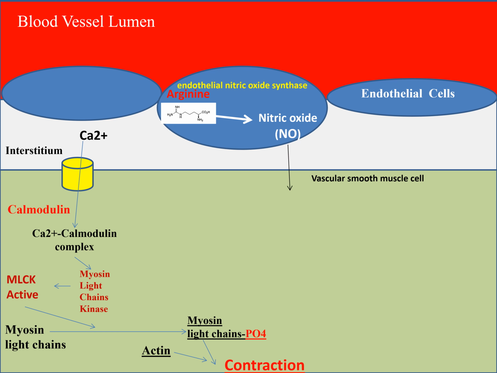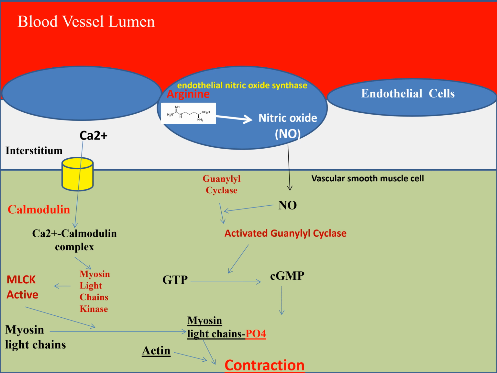Whenever it is inside the smooth muscle cells, it is going to activate a specific enzyme, cytoplasmic guanylyl cyclase. So this soluble enzyme will be activated and will convert guanine triphosphate to cyclic GMP, cyclic guanine monophosphate.